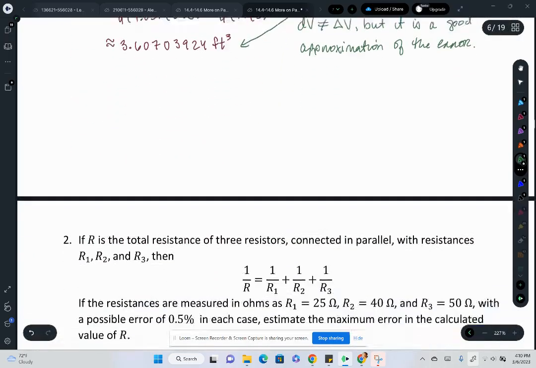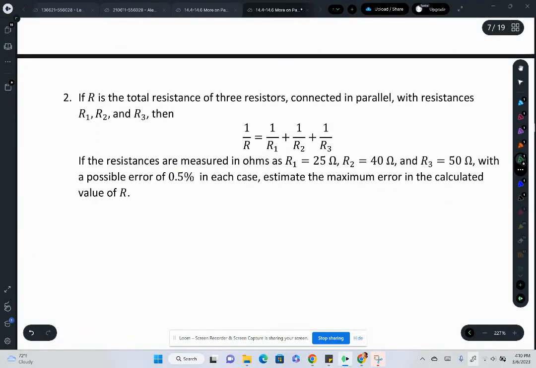Okay, next problem. If R is the total resistance of 3 resistors connected in parallel with resistances R1, R2, and R3, then we get this equation here, and this is Ohm's law. And it says 1 over the total resistance will equal the sum of the 1 over each of the individual resistors, okay?